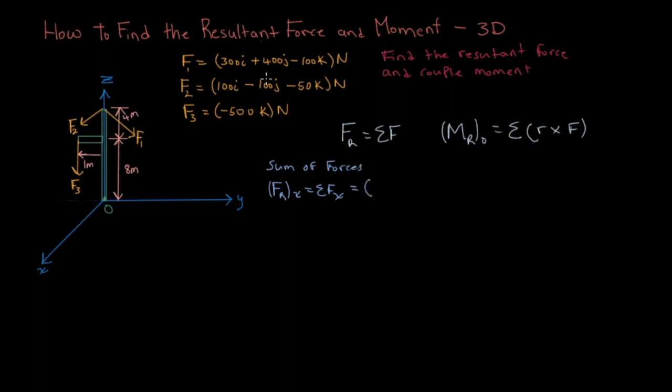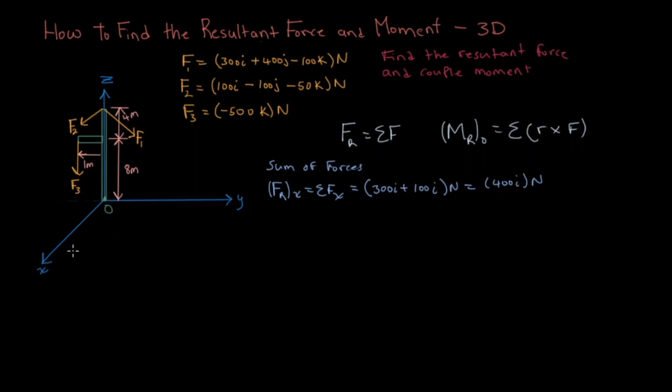So it's going to be this 300i plus this 100i. Now this term does not have an i, so it'll just be 300i plus 100i, and this is all in newtons. What we get is 400i newtons. That means it is going to be 400 newtons in the positive x direction.